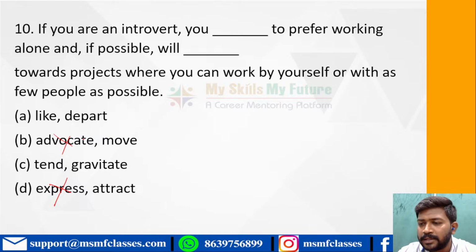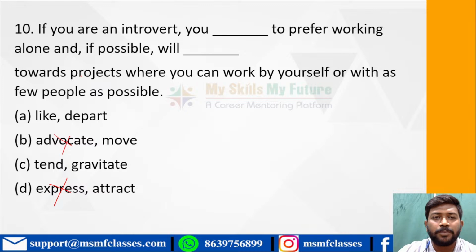Please mention the question number also along with your option. From that I can understand for which question you are trying to opt. Okay. Next, if you are an introvert, you tend to or you like to prefer working alone, and if possible, will dash towards projects where you can work by yourself or with as few people as possible.